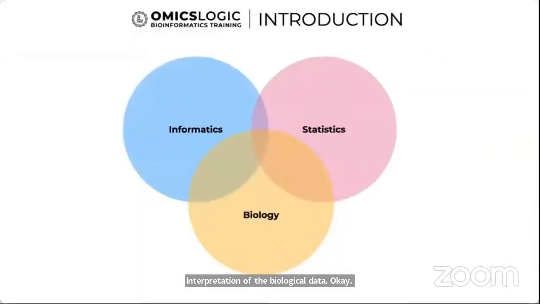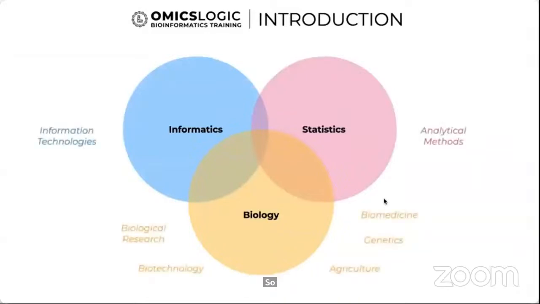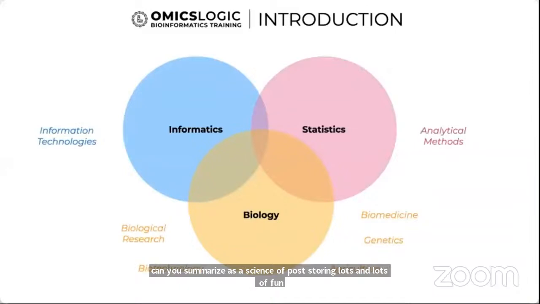So what is bioinformatics and how do we use it? It can be defined as the science of both storing lots and lots of complex biological data and analyzing this data to find new insights, which we will use in many different ways.